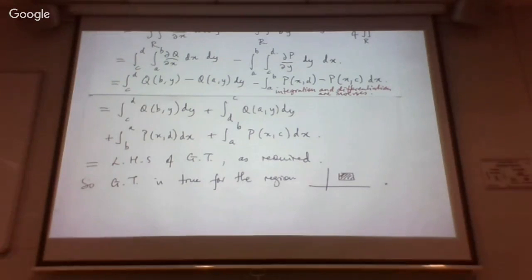So sometimes there'll be little bits missing, and in other locations you might have your rectangles slightly poking outside of the region. If you've included rectangles like this, you're straying outside the region. If you only include rectangles like this, then you're missing out bits of the region up here.